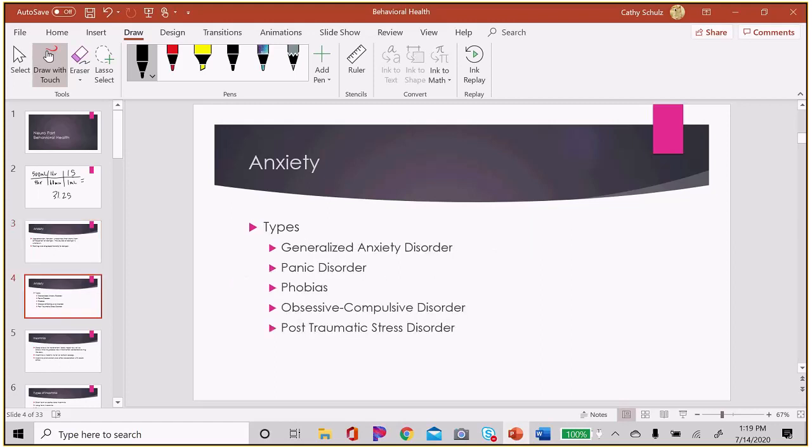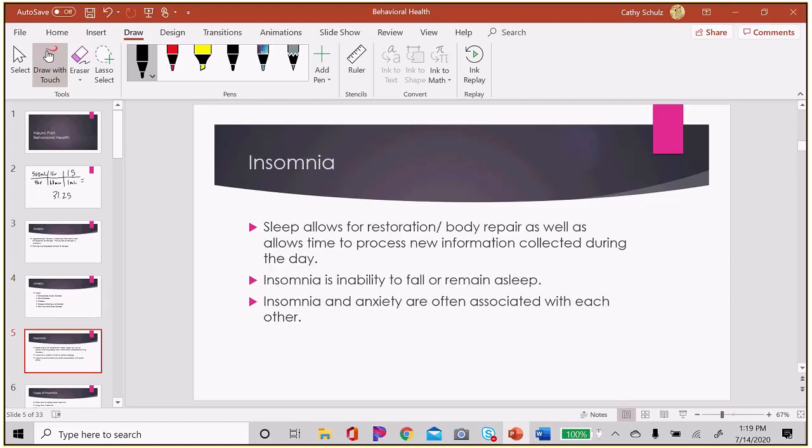There are several types of anxiety. Generalized anxiety disorder, panic disorder and phobias, obsessive compulsive disorder, post-traumatic stress disorder have anxiety components to them.